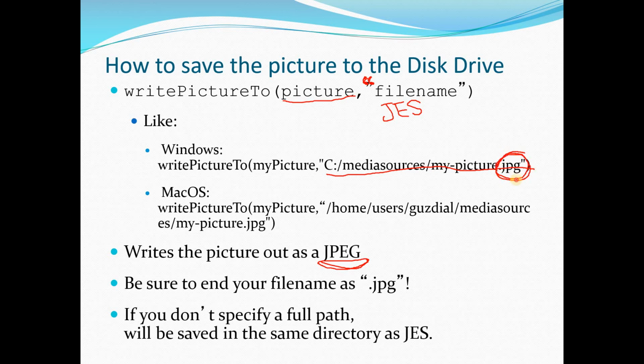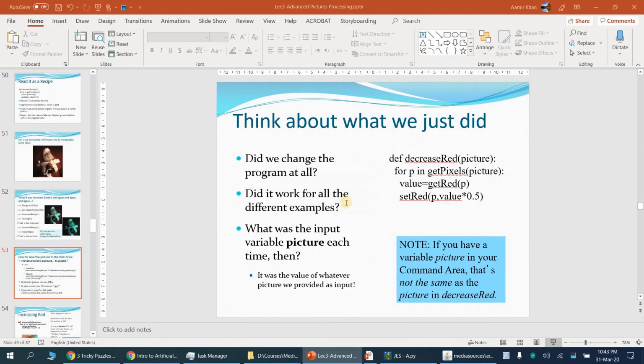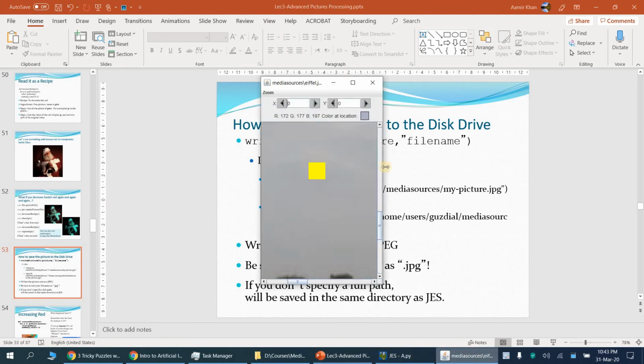If you don't give .jpg, maybe you will get errors. So if you don't specify the complete path, the file will be saved in the same directory as JES. So here I show you how it works, but make sure you practice on your computers. Without practice, you will never be good.